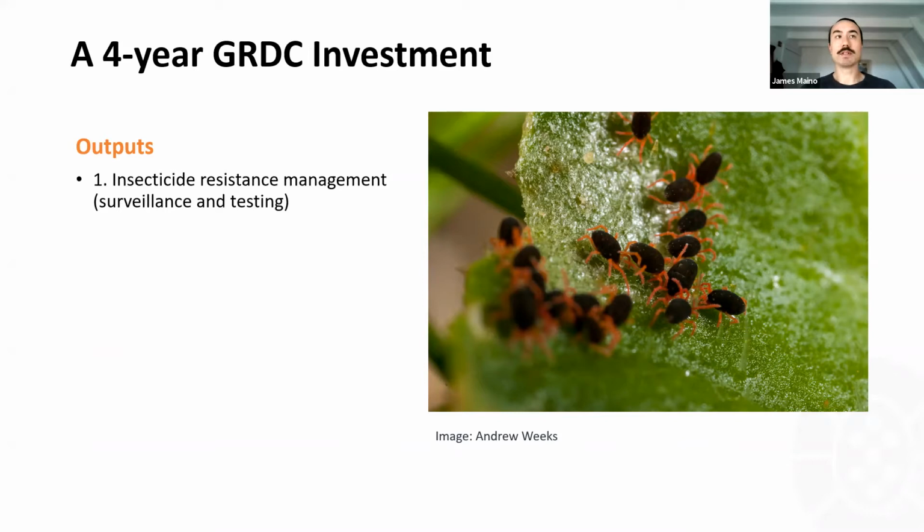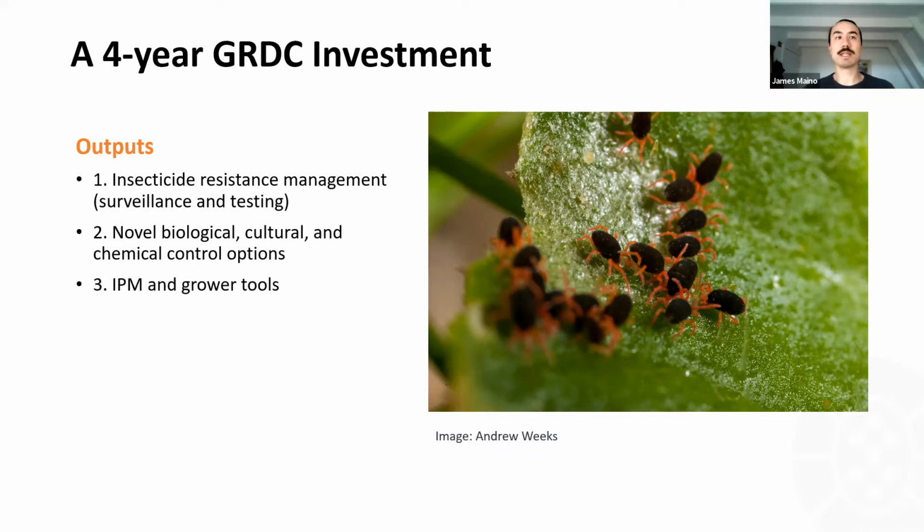One of the first of these surrounds insecticide resistance management, which is one of the priorities for grain growers. That's going to include surveillance and testing, which I'll talk briefly about later. We're also going to be exploring novel biological, cultural and chemical control options to increase the toolkit that we have available for managing this pest.